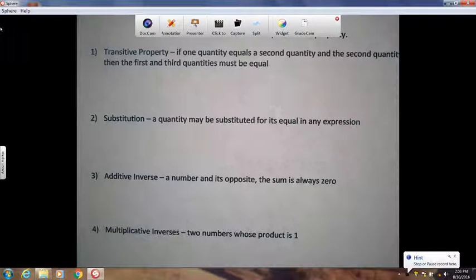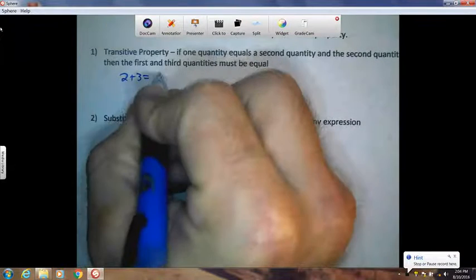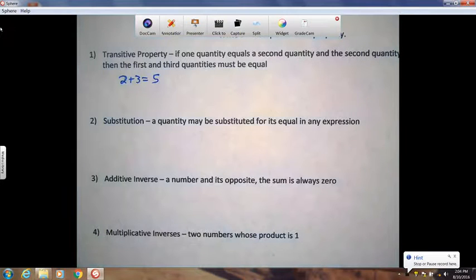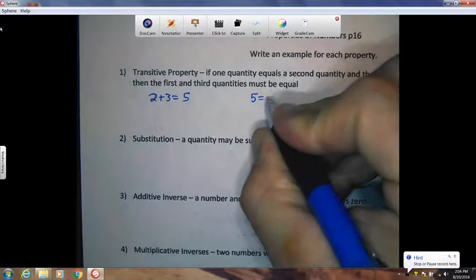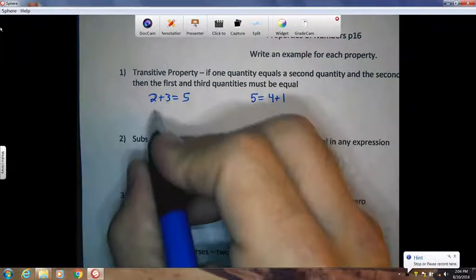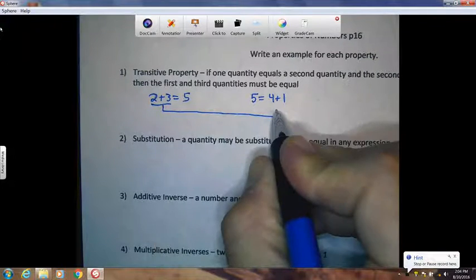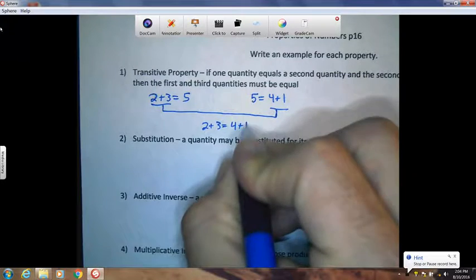So the first thing is transitive property. It might sound a little bit confusing when you read it, but basically what we're saying here: if 2 plus 3 is equal to 5, and 5 is equal to 4 plus 1, then that means that 2 plus 3 has to equal 4 plus 1.